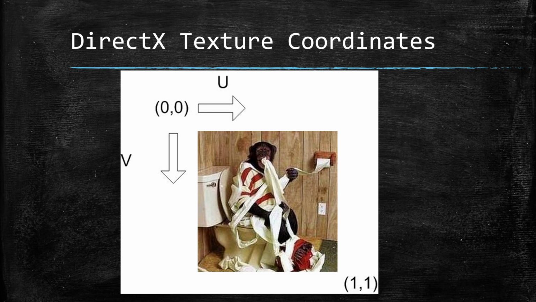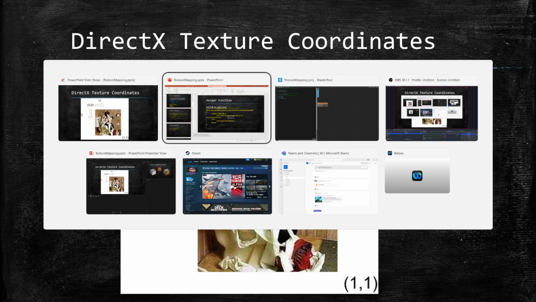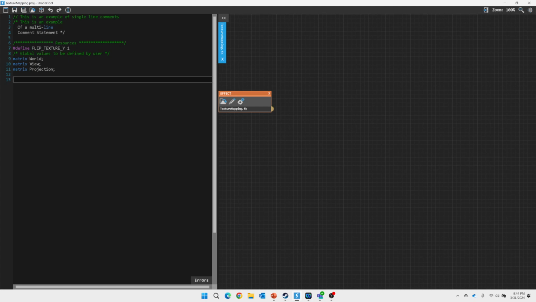Now, this could be upside down, and in GLSL, it's actually flipped. In HLSL, it's definitely like that. And so we don't know if we're going to be dealing with HLSL or GLSL. So we're going to put in a little statement here that's going to guarantee it flips. Because we're dealing with HLSL, we want to flip our textures. So I'm going to come right over here, and we're going to write a little script, a utility function, if you would, that's going to help us do that.